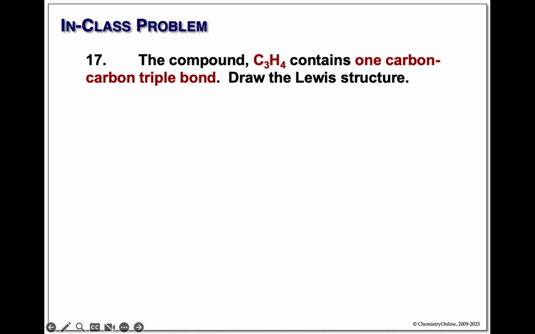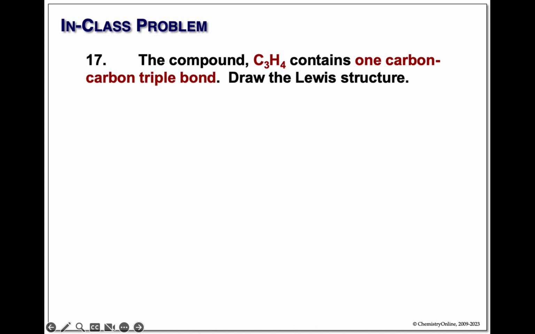There were 2 problems that gave people trouble, and I'm going to go through them very quickly. This one was the Lewis structure. Compound C3H4 has 1 carbon-carbon triple bond. I'm going to do this first freestyle, and then we'll do it by the rules.